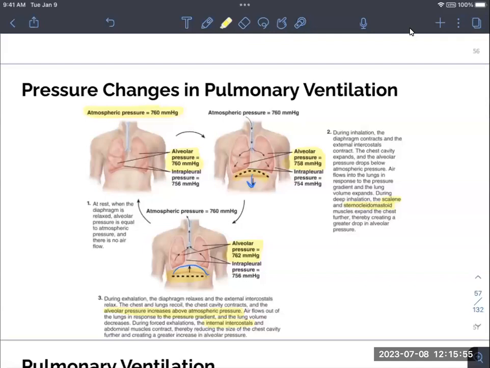Your abdominal muscles also contract and compress the abdominal contents. It helps to reduce the size of the chest cavity even further, and it'll actually create a greater difference in pressure between inside the lungs versus outside of the lungs.